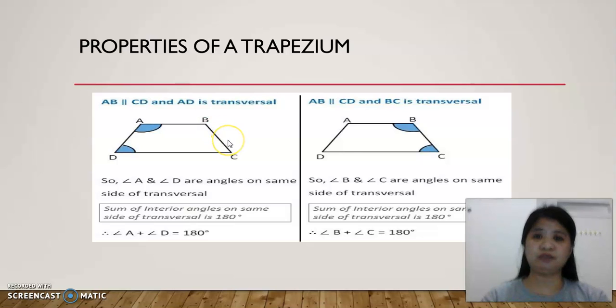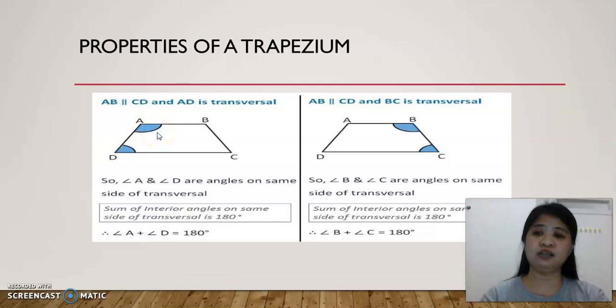Next, properties of trapezium. Since we have only one pair of parallel sides here, that means this angle and this angle, when you add them up, the answer will be 180 degrees. However, unlike in parallelogram and rhombus, where the opposite angles are equal, here it's not.